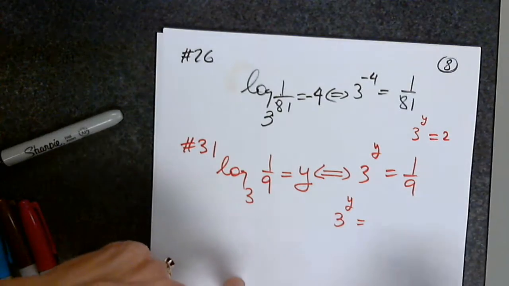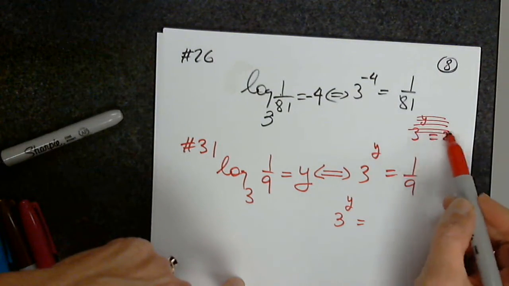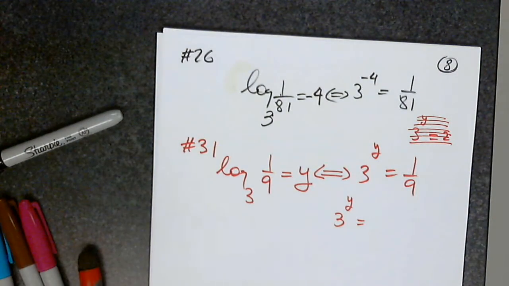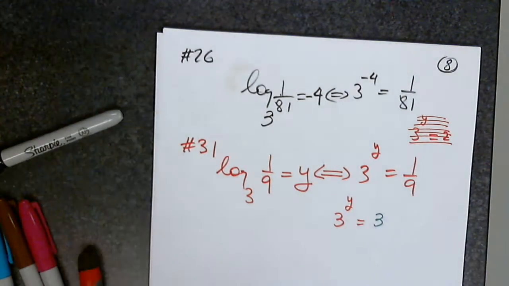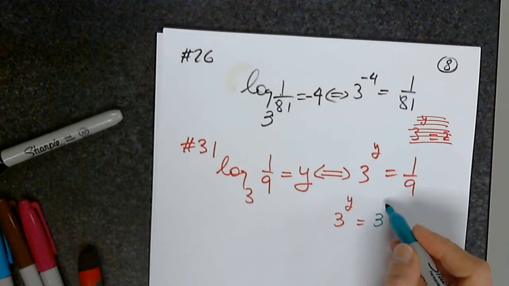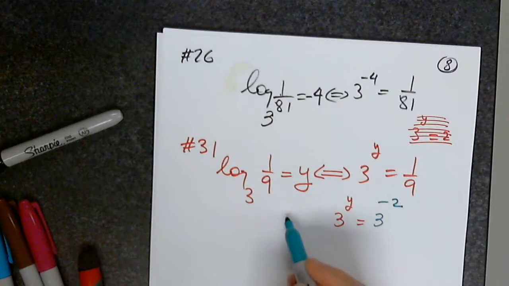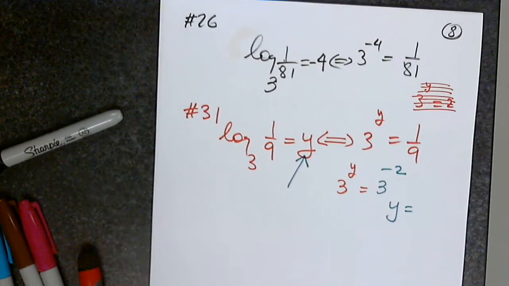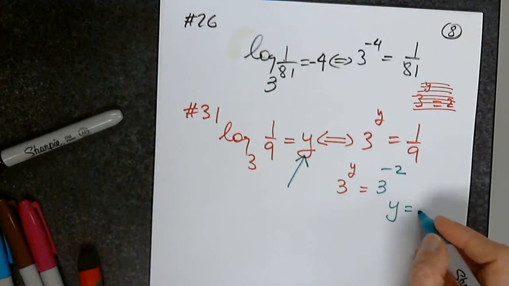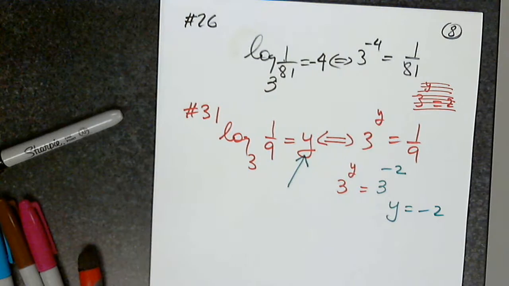But we don't know how to solve this, and we will not learn it in this class. So for now in this class, both sides have to have the same base. Otherwise, we can't solve. So can I write the right-hand side with the same base? Yes, 3 raised to negative 2. So therefore, y must be, the only option is negative 2. Very good.